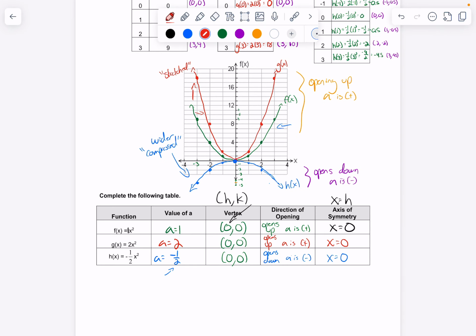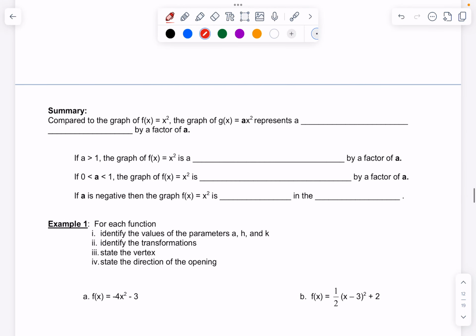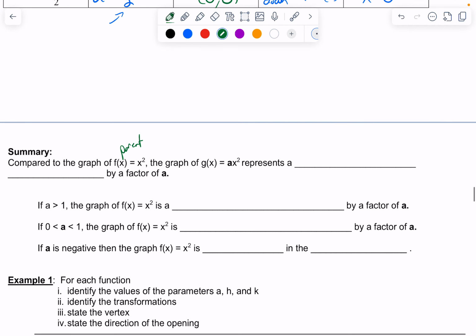So now let's put the actual math to these words. If we compare to the graph of f of x, again, our parent graph, the graph of g of x equals a x squared represents a vertical stretch by a factor of a.